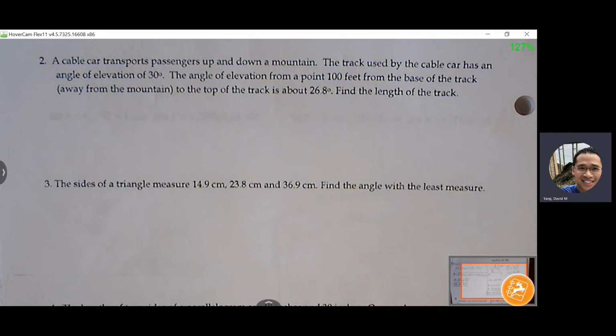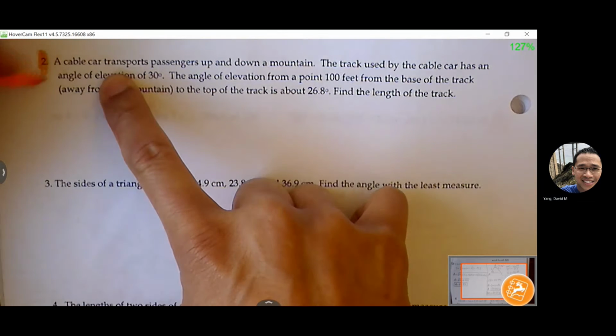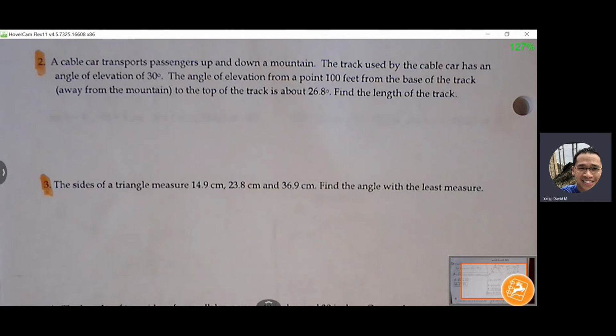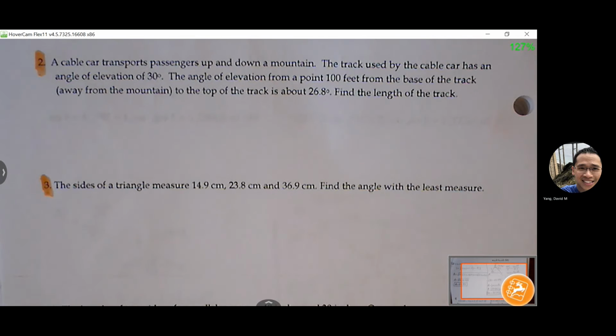Okay, number 2 and 3 on page 22. Got the mountain here.